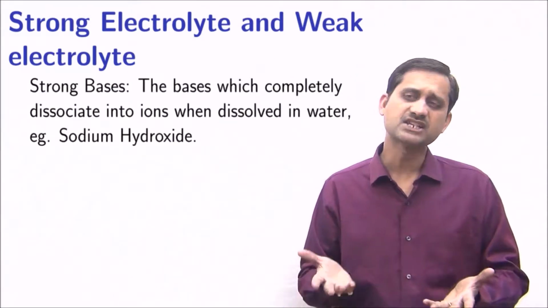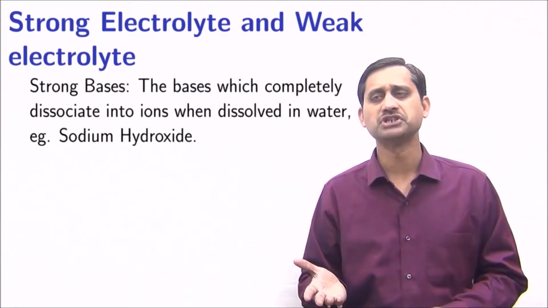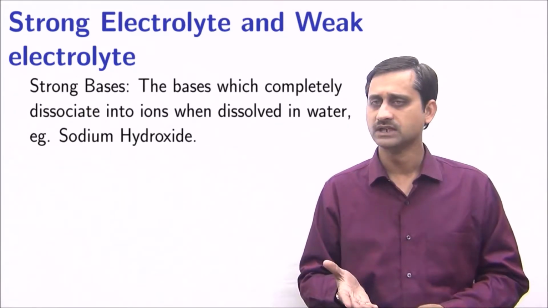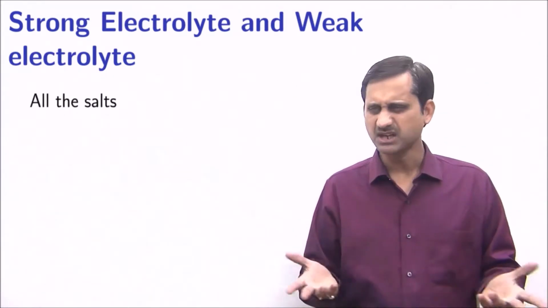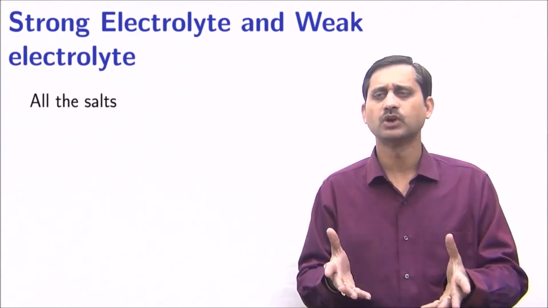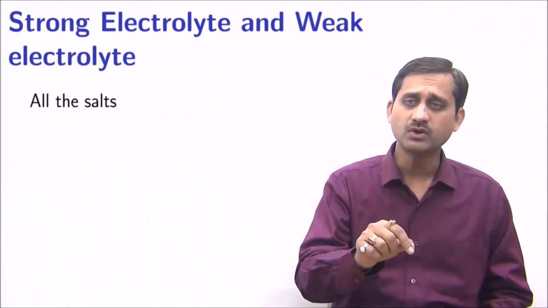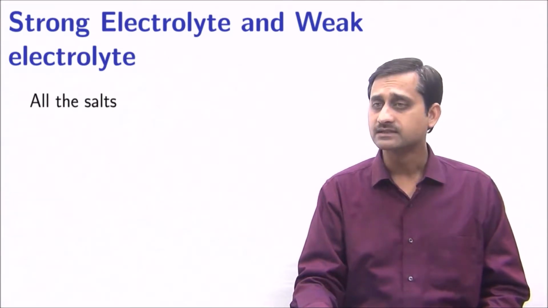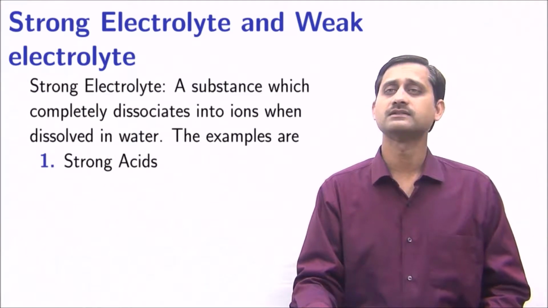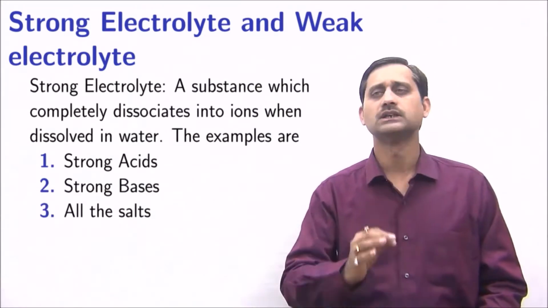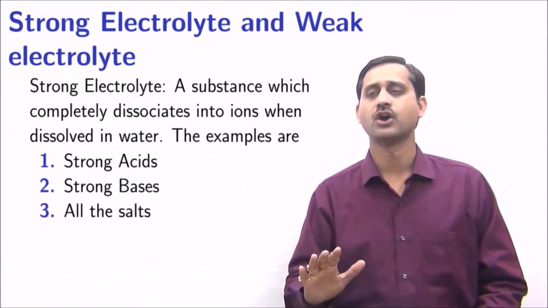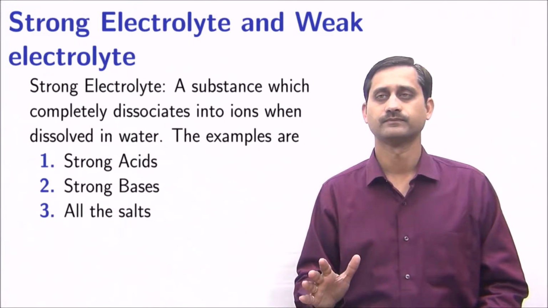Similarly, bases like sodium hydroxide completely dissociate into ions when dissolved in water and are termed strong bases. The salts may or may not have high solubility in water, but whatever amount dissolves is completely dissociated. Hence, strong acids, strong bases, and all the salts are strong electrolytes.